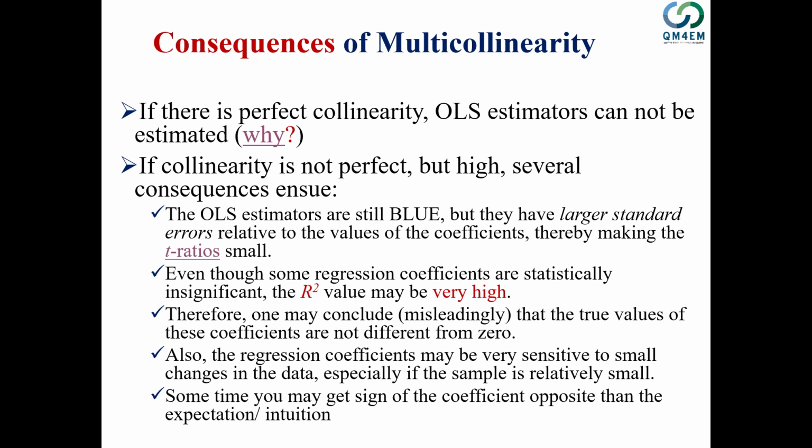For example, you may be expecting that X is positively correlated with Y while formulating your economic model, but when you estimate that model and your data has multicollinearity, you would get a negative value. So if you have one such case, it may also be an indication that there is a problem of multicollinearity in your data.